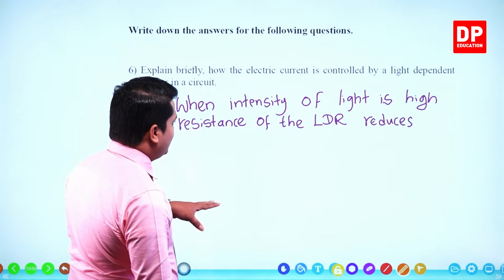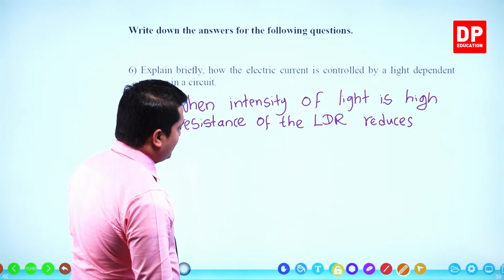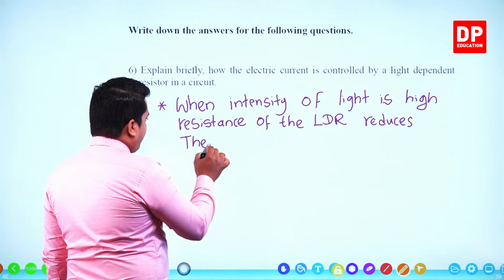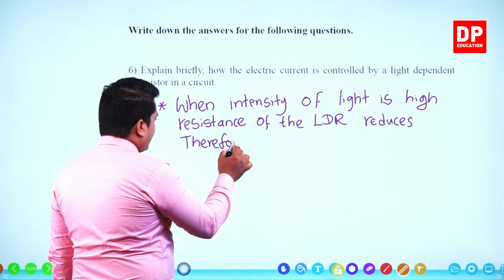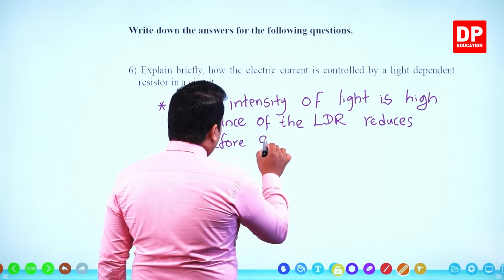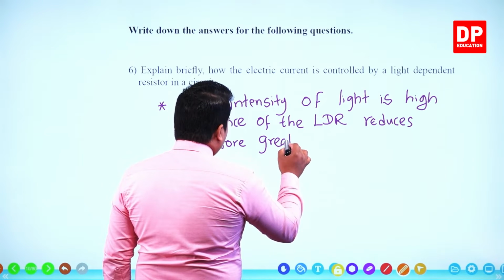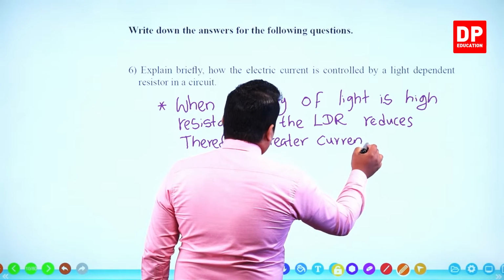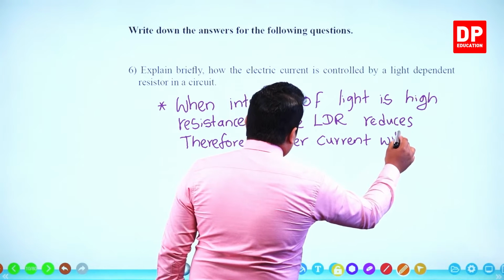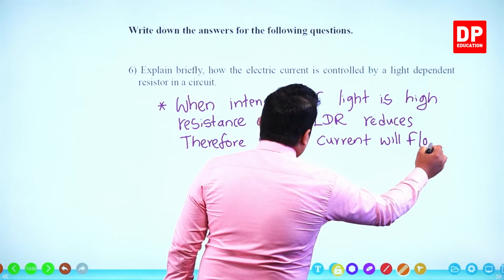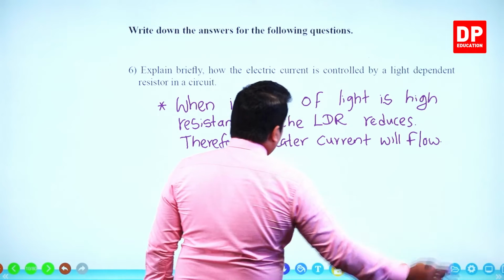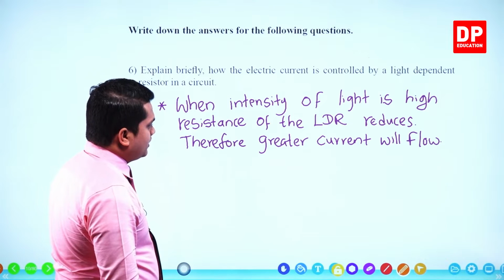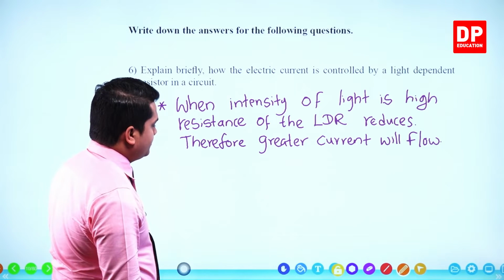Higher the intensity, lesser the resistance. Therefore, greater current will flow.